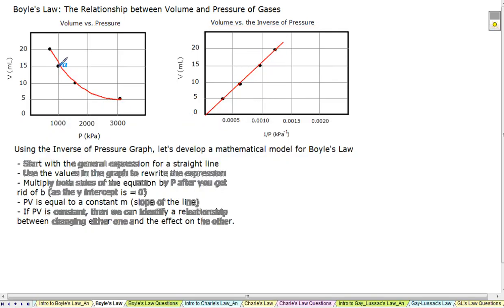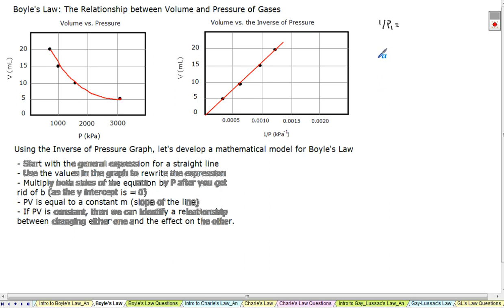So for any pressure value that we had for these points, we took 1 divided by the pressure, which in this case gives us something like 0.0004, and we did the same thing for the others. Now we get this interesting relationship where the inverse of the pressure gives us a nice straight line. So what does this tell us?